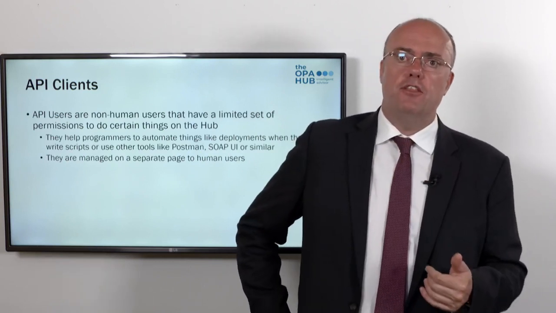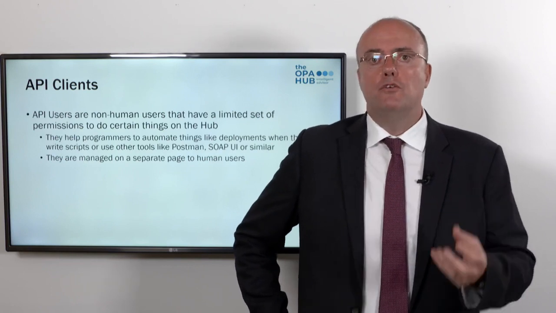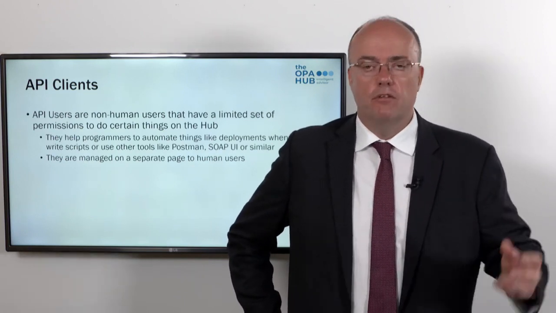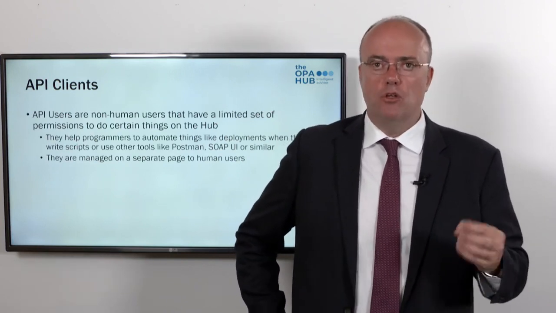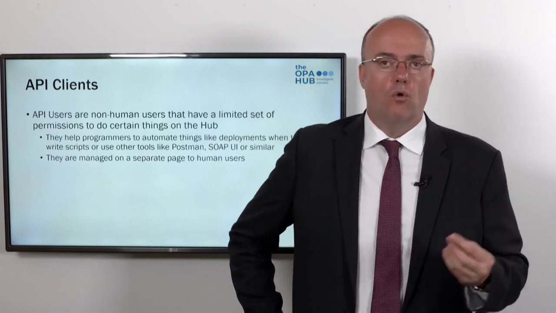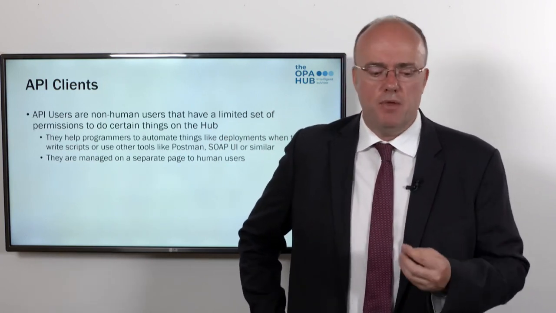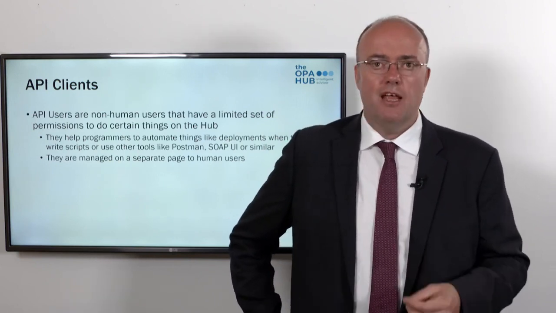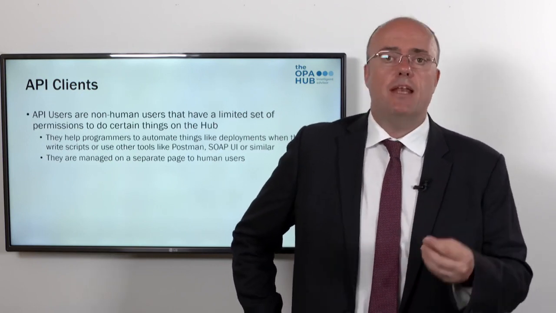Typically, you'll find them wherever you find programmers, or people in charge of the wider environment who are involved in automated testing, automated delivery or continuous development. These API clients will have a username, a password, and one or more roles, just like normal users, and they're managed on a separate page.